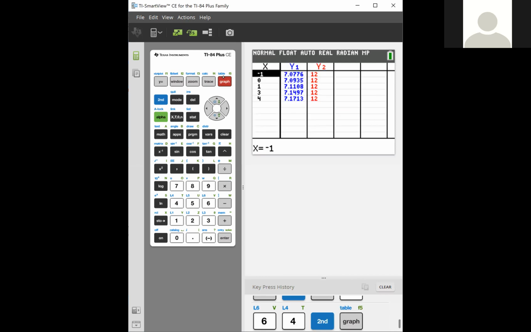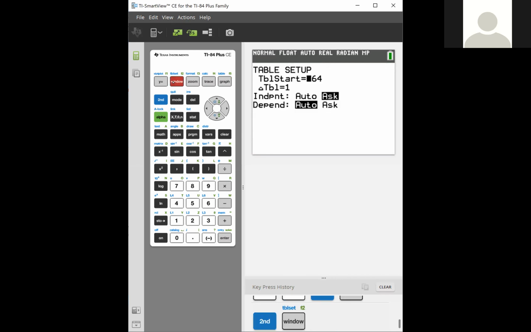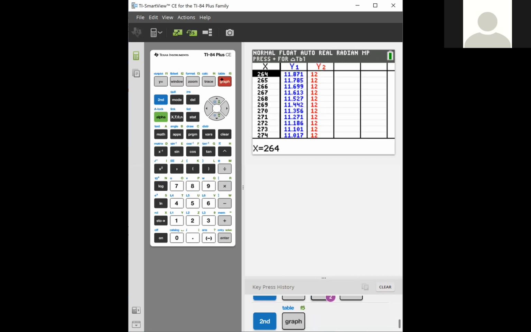Oh, okay, let's try that again. I know what happened. There we go. You know, it's an estimate, so it's not going to give us the exact value, but pretty close to 12 hours at day 264.